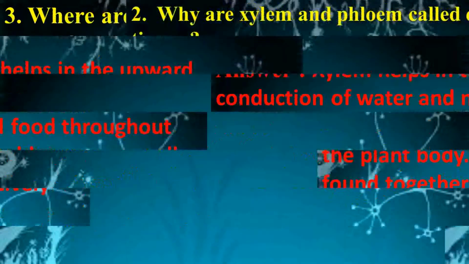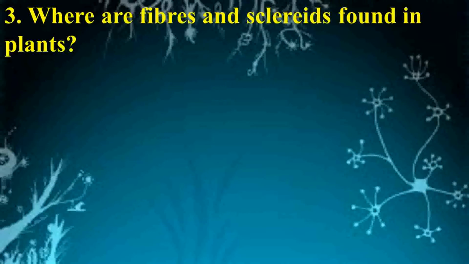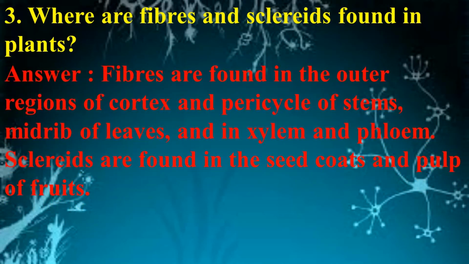Next question. Where are fibres and sclereids found in plants? The answer is: fibers are found in the outer region of cortex and pericycle of stems, midrib of leaves, and in xylem and phloem.